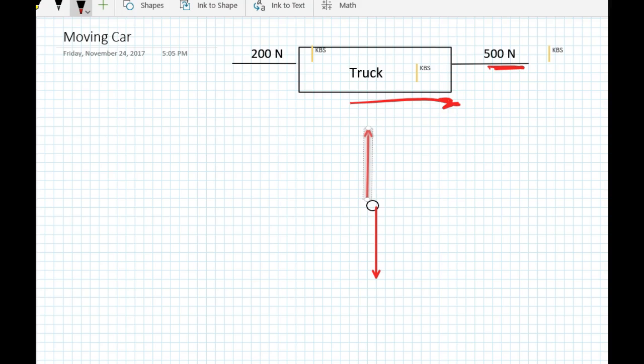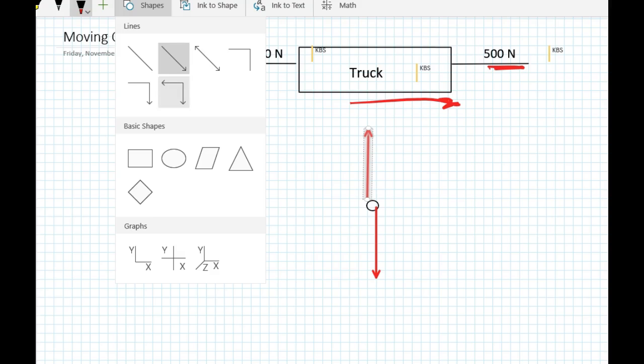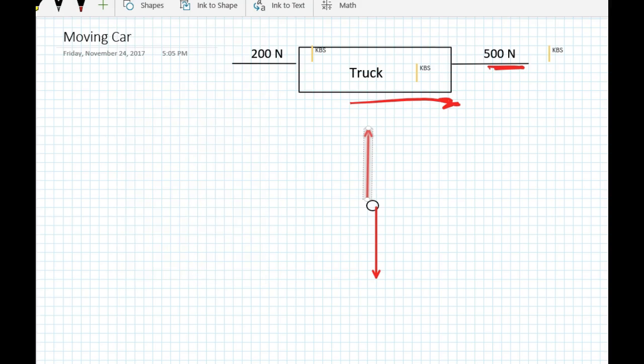It's driving along a road. Now, once again, we have our applied force of 500 newtons. And in this instance, we have our force of friction equal to 200 newtons.